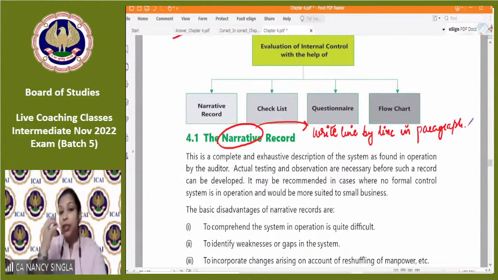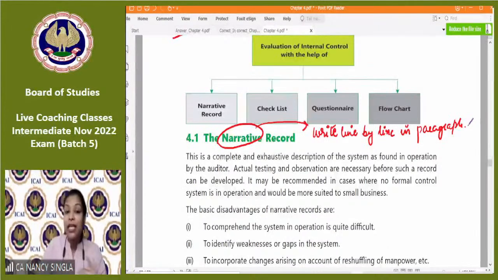So the audit team member who is evaluating the internal control, he may observe with his eyes as to how the internal control is working, or he may perform certain actual testing, he may perform certain procedures, and then whatever are the results of his observation or of the audit procedures that he has performed, he will write each and everything, that this happened, then this happened. So each and everything in detail. So a complete and exhaustive description. Exhaustive is what? Covering each and everything of the system found in operation by the auditor.